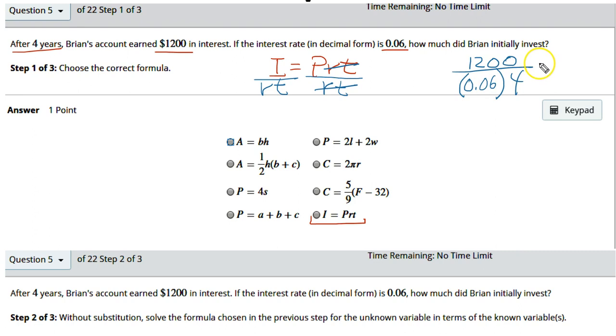So we put that into our calculator. Remember, put a times here. You might put this after you hit the division. You want to try this on your calculator to see if you're going to get the right answer. And that would be $5,000.